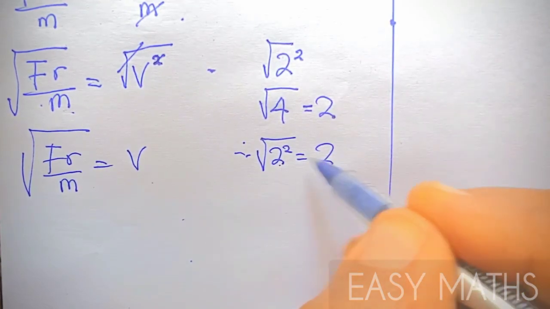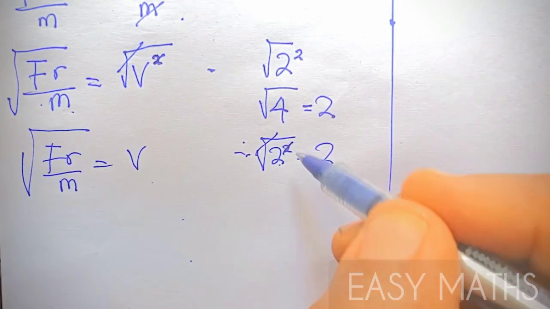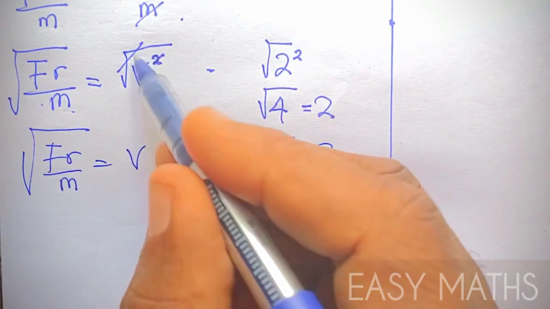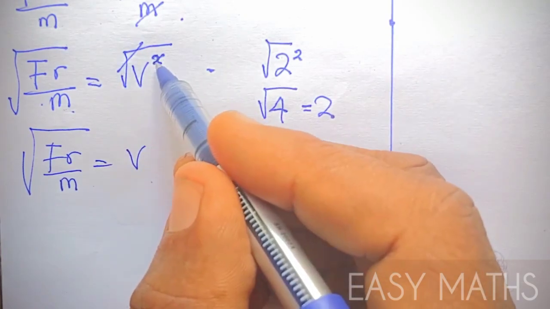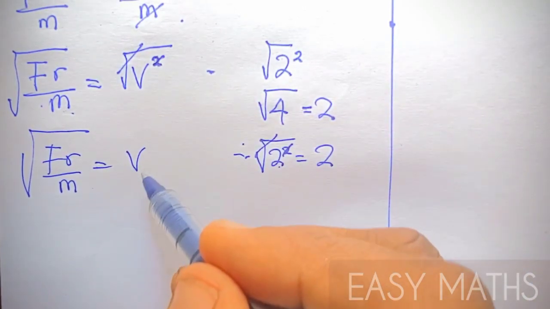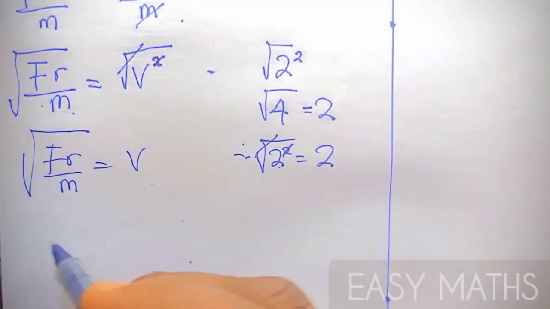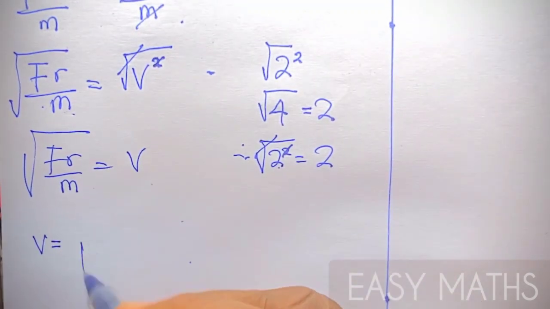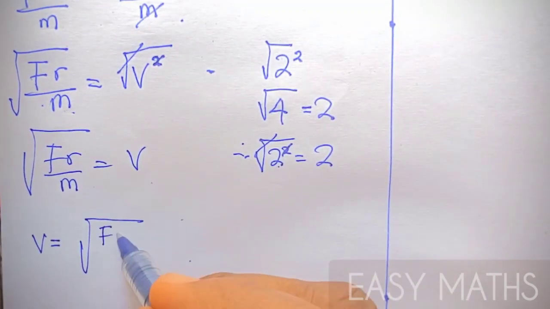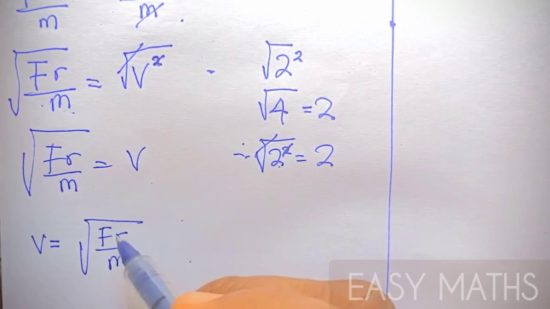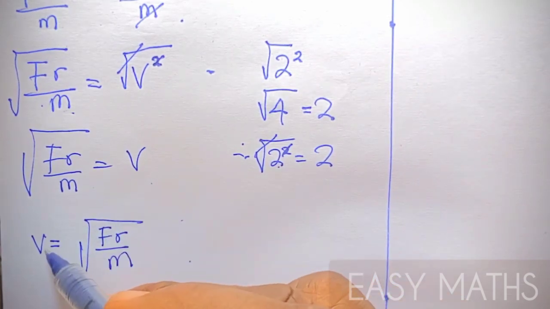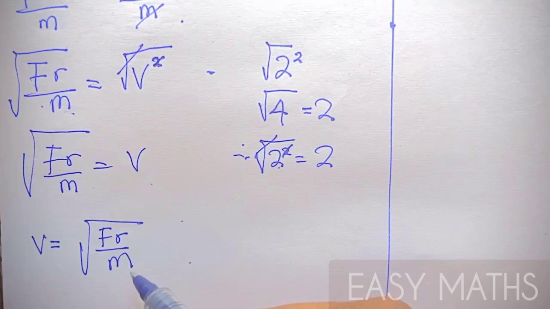The difference between this and this is that this is gone and this is gone. So that is what we did here. Square root cancels square. So that is what we did to have v. Of course, this equation can now be written as v equals square root of f r over m. So we have succeeded to make v the subject of the formula.